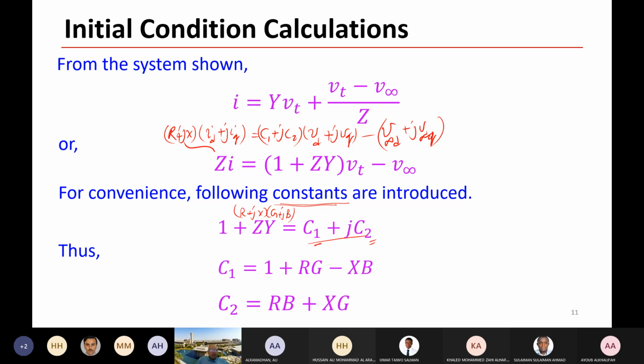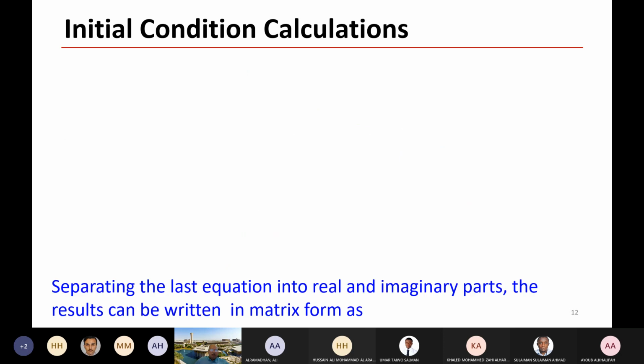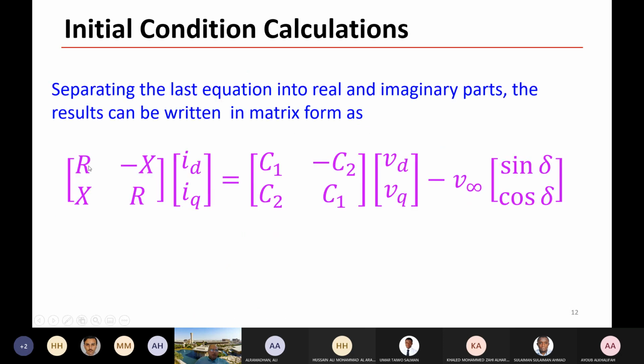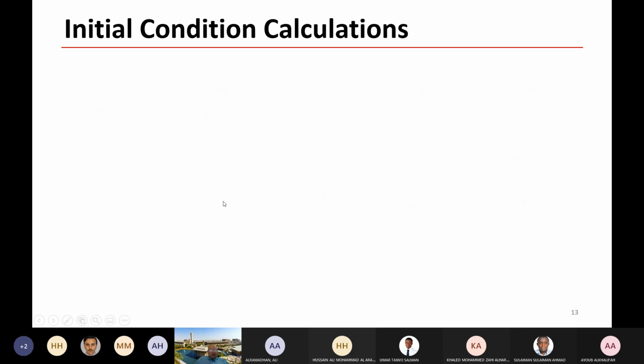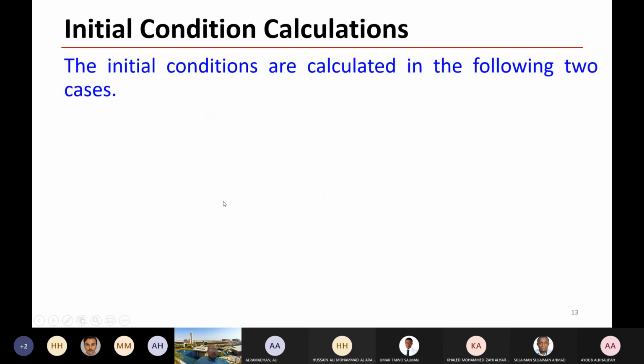So you have R ID here, and you have minus X IQ. Okay, so this is exactly what we have here. R ID minus X IQ, and you can continue separating this real part and the imaginary part. Okay, so this is an important equation.